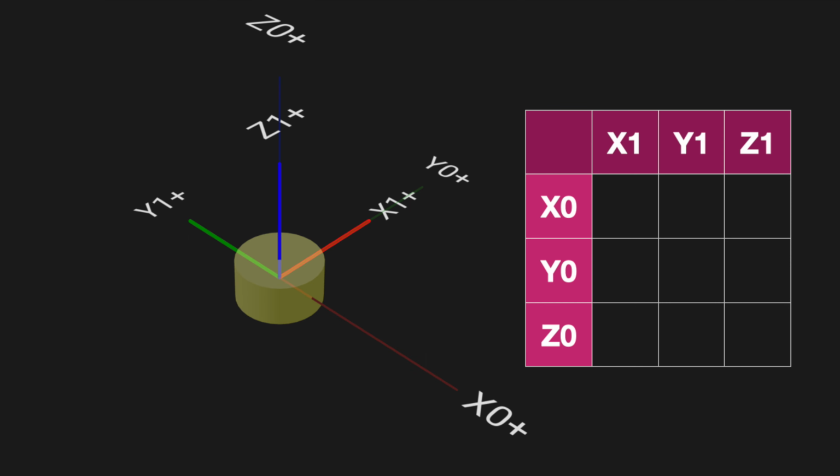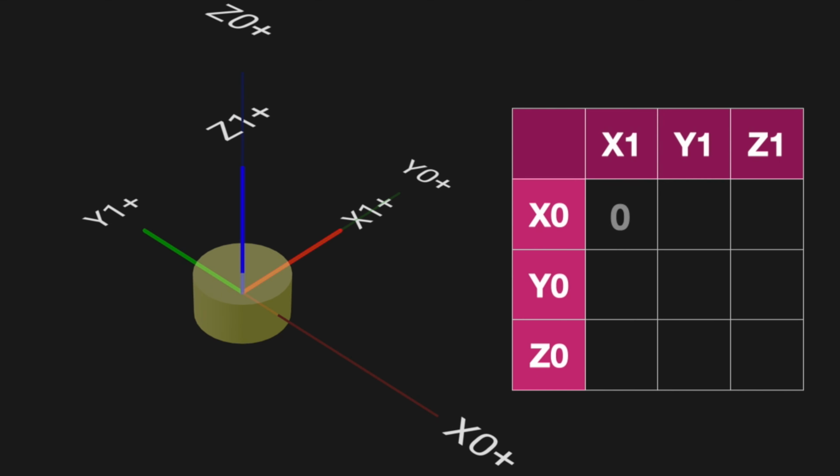So if we look here and we start filling in these numbers, we can see that x1 has no projection on x0, but x1 is in the exact same direction as our original y, so we put a 1 here. x1's projection on z0 is 0. y1's projection on x0 is -1. Why?